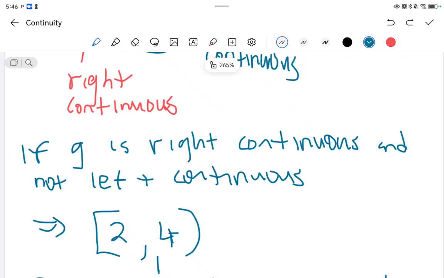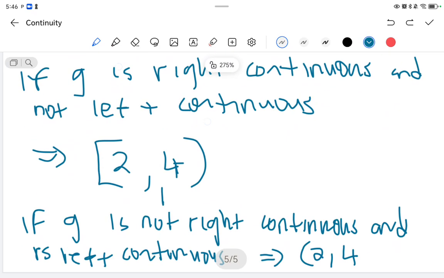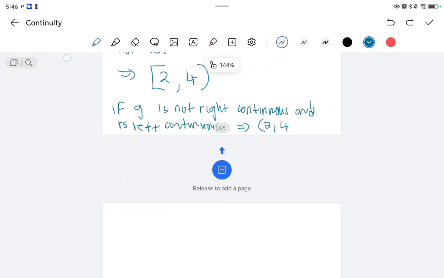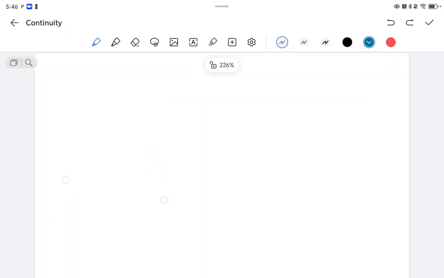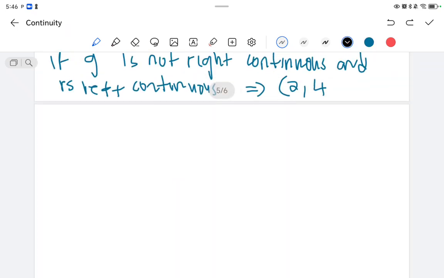From here, you can try number 5 as an exercise, so as not to make the recording too long.